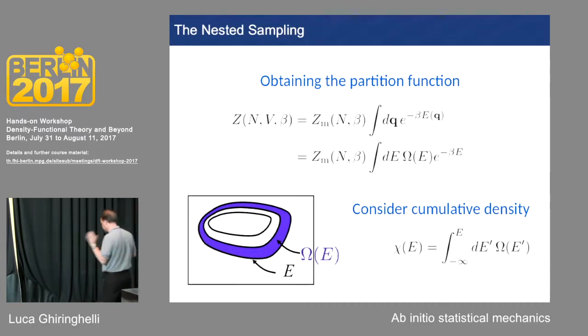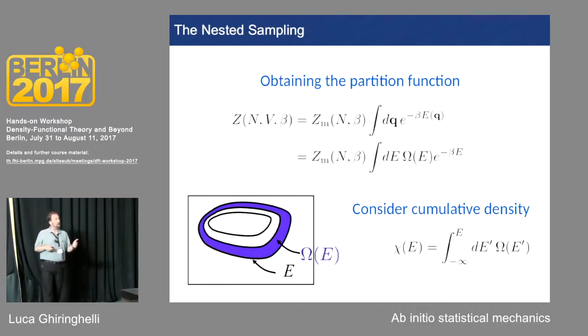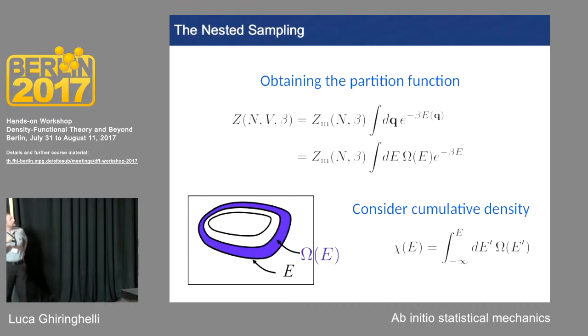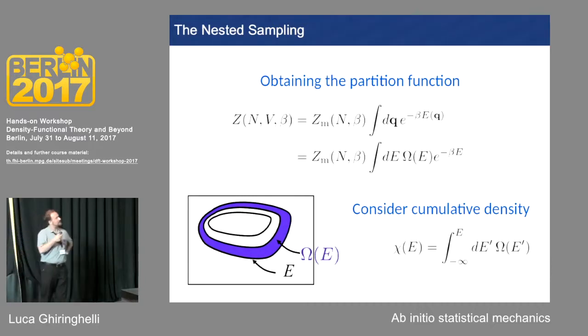Historically, the first method that tries to address directly the partition function evaluation is called Wang-Landau. And then there is this nested sampling. So I had to choose one of the two, and I prefer this one. So starting again from the partition function, let's see how this can be conceptually done, because it's very tricky.